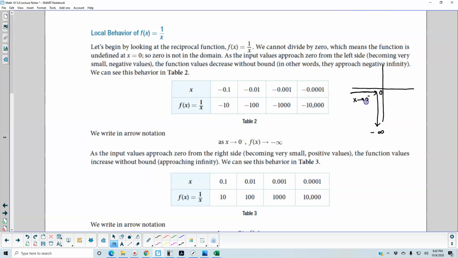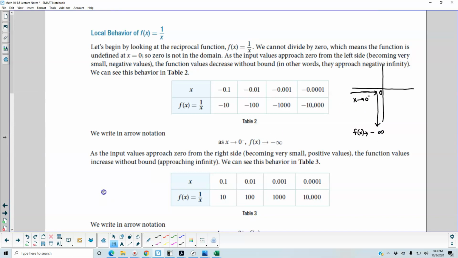So as x is approaching 0 from the left, the function is approaching negative infinity, and that's how it's defined over here. In arrow notation, as x approaches 0 from the left, the function approaches negative infinity.